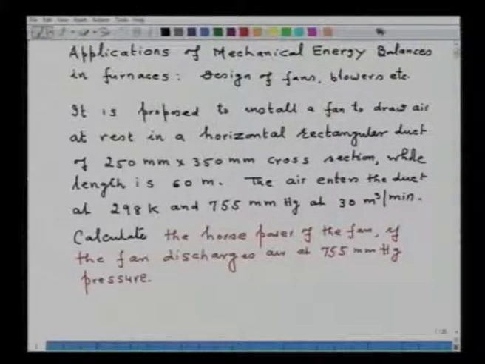Now, if I represent it in the form of a diagram, then it looks like this. Say this is a duct of rectangular cross section, and here somewhere air is entering and somewhere here air is discharging.